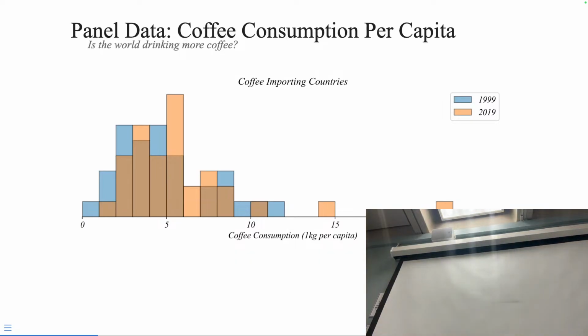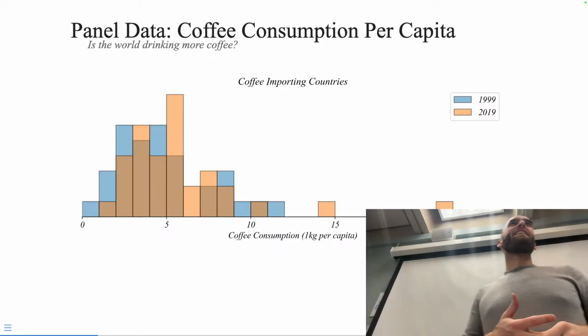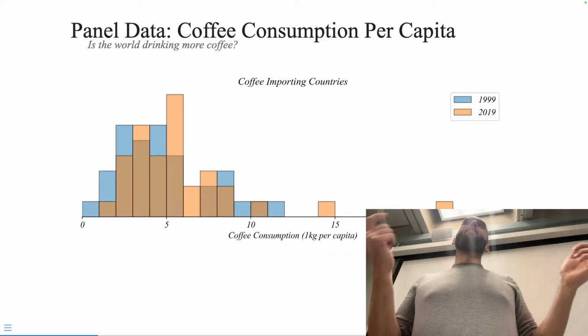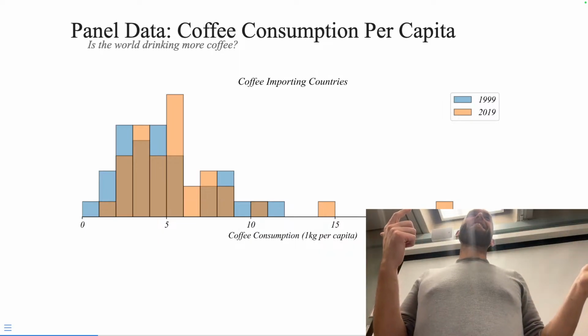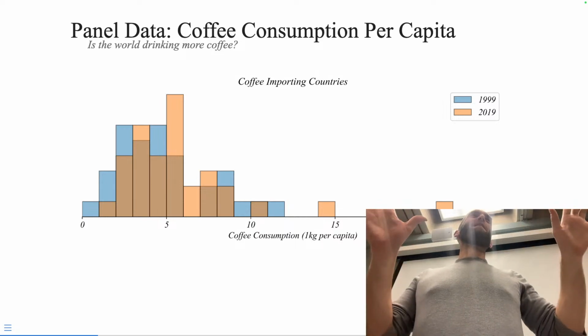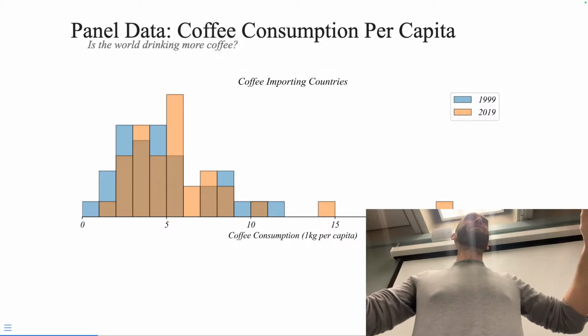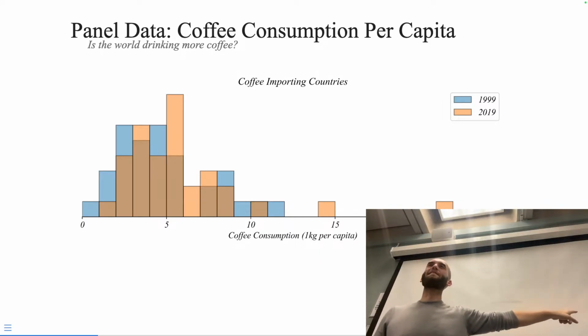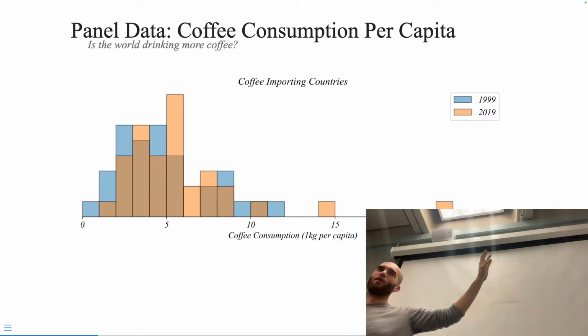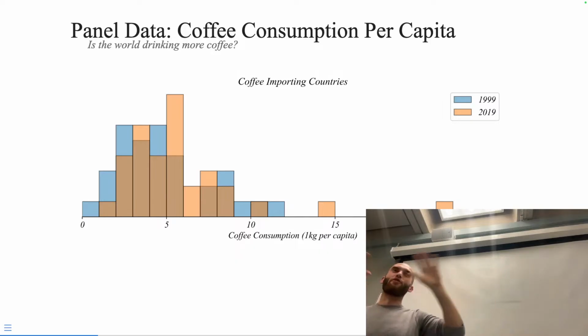Okay, so do you all like this figure? Is the world drinking more coffee today than it was 2 decades ago? If you're uncertain, that's because the figure isn't doing its job. I think this is a better figure than the first one we started off with, 3 coffee shops.